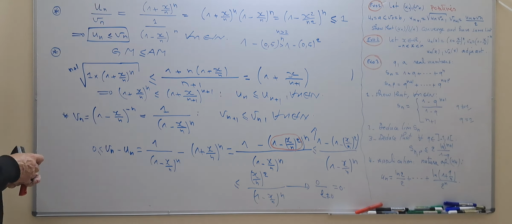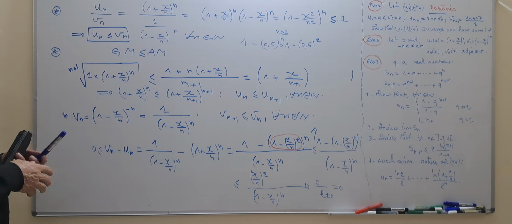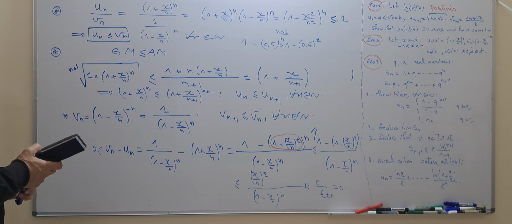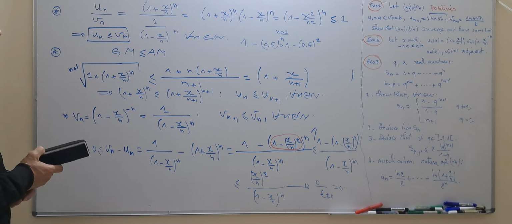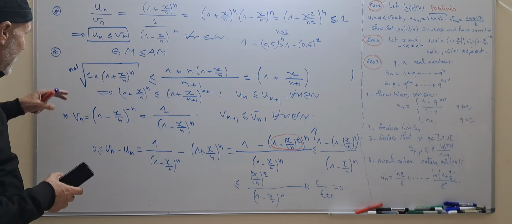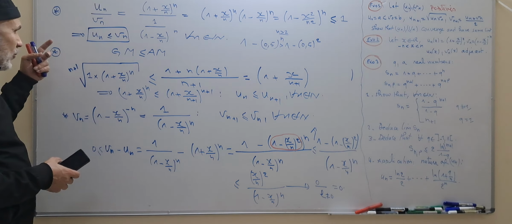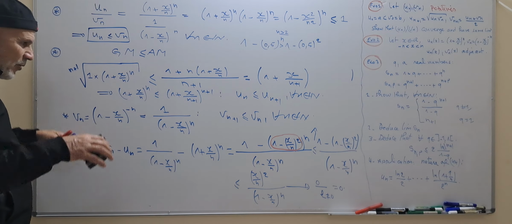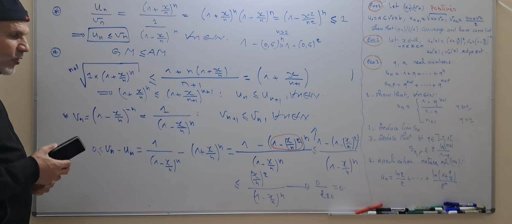So here we verify the condition for adjacent sequences, which are actually just two. We need that one is increasing, the second is decreasing, and the difference between them goes to 0.